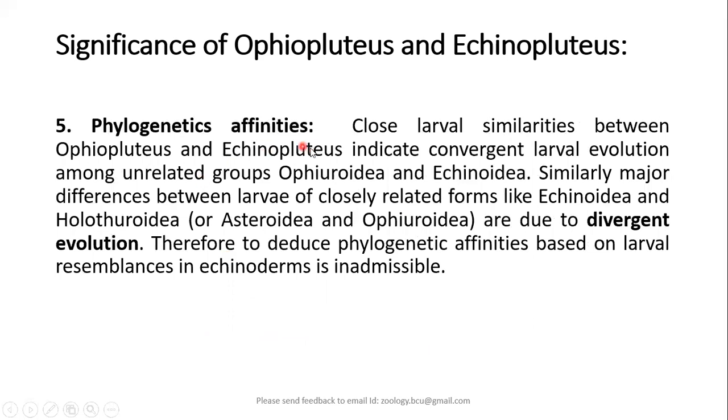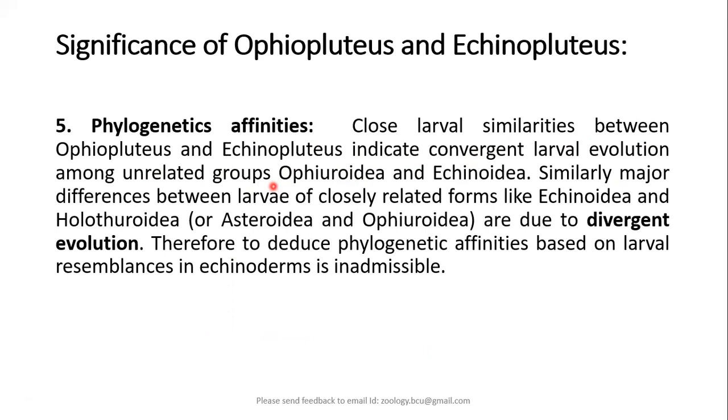Coming to the phylogenetic affinities, close larval similarities between Ophiopluteus and Echinopluteus indicate convergent larval evolution among unrelated groups.